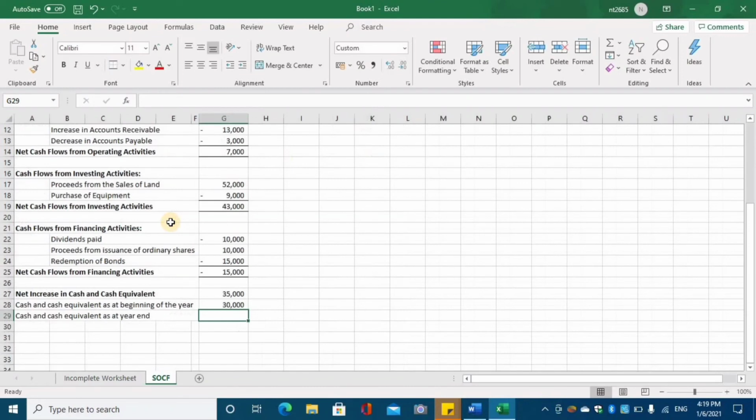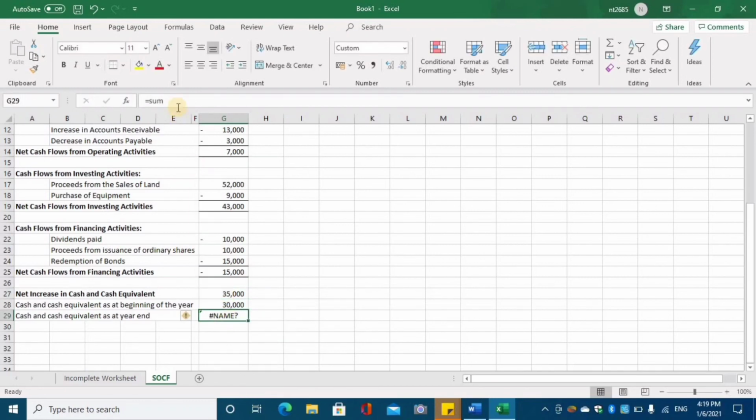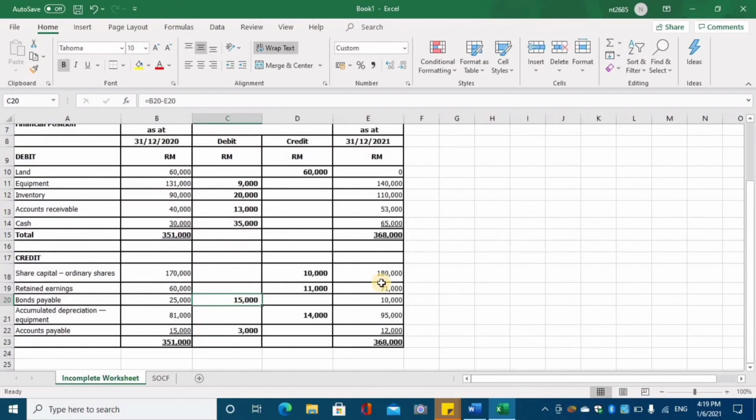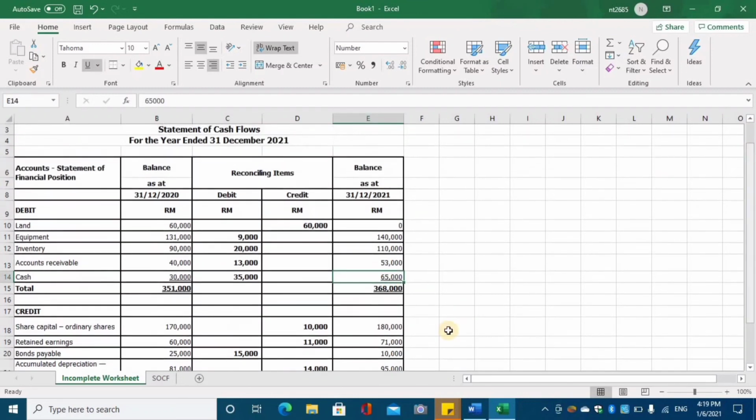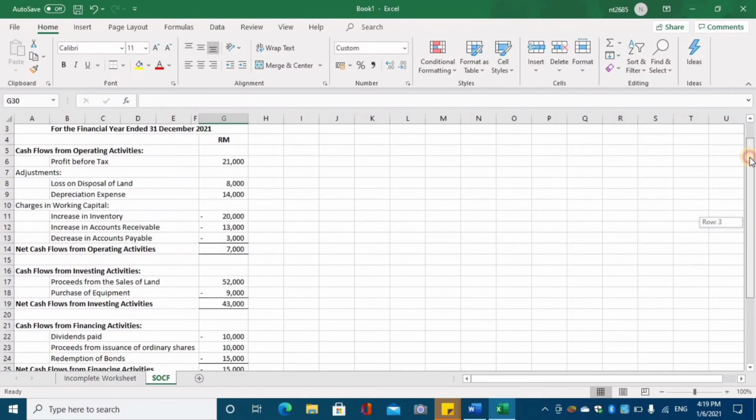Cash and cash equivalent at the end of the year, just sum up the net increase in cash with cash and cash equivalent at the beginning of the year. So we get 65,000, same as the 31st December 2021 here at the worksheet. So our statement is correct. Thank you.